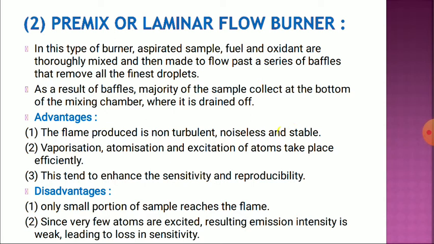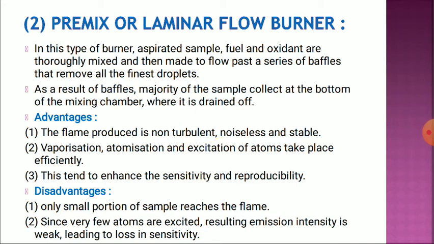Why? Because in this case, the droplets coming to the burner head are very small, so they create the same size of droplets. That's why the flame is noiseless as well as non-turbulent and also stable.